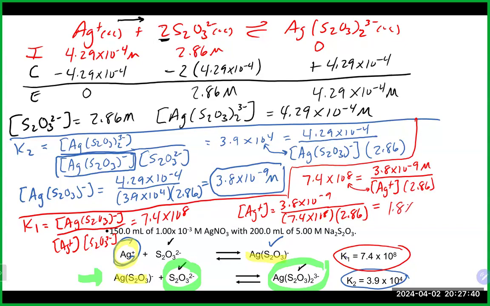That gives 1.8 times 10 to the minus 18 molar as our silver concentration in this case.